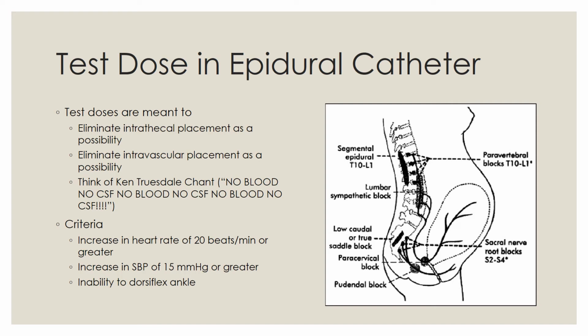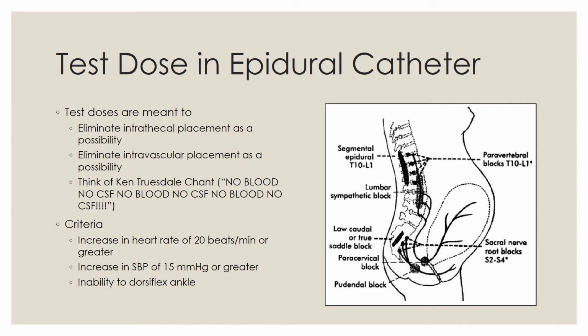Also, your blood pressure will increase for the same reason, at least a systolic blood pressure increase of 15 millimeters of mercury or greater. And then if the catheter is intrathecal, the 1.5% lidocaine will give some semblance of a spinal block. So that would be extreme lower extremity weakness, or in this question, the inability to dorsiflex the ankle.